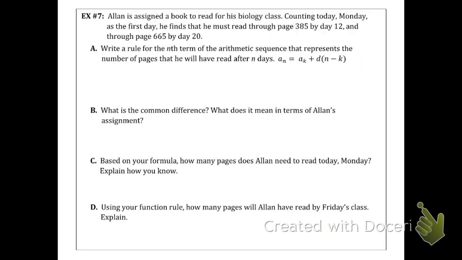All right, in example 7. It says Alan is assigned a book to read for his biology class. Counting today, Monday, as the first day, he finds that he must read through page 385 by day 12 and through page 665 by day 20.